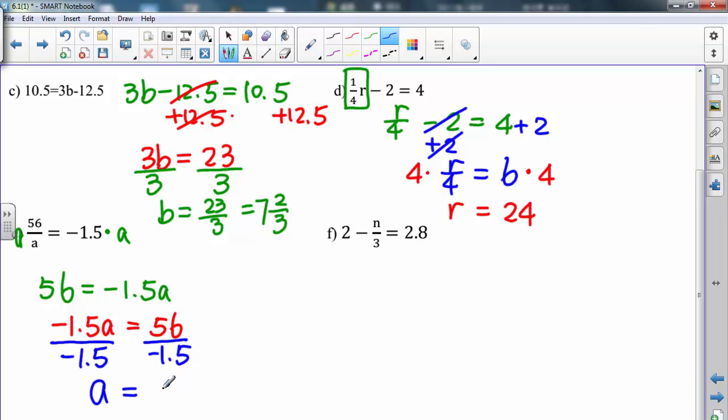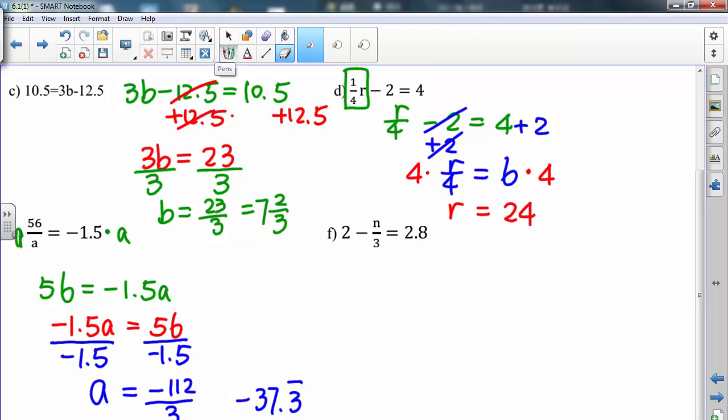And this answer is negative 112 divided by 3. If you guys don't like the fraction, you can keep this answer in the decimal. You can use the calculator to help you find this decimal. So this decimal is around negative 37.3. If you guys want to keep the repeating bar on number 3, you can still keep the equal sign here.